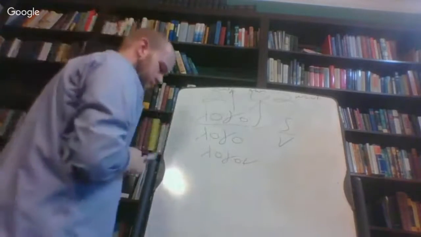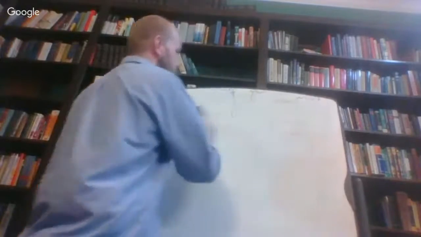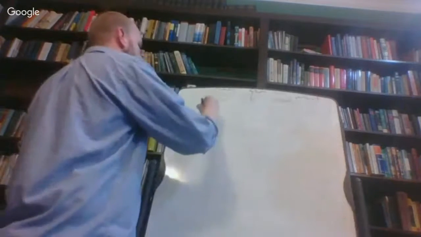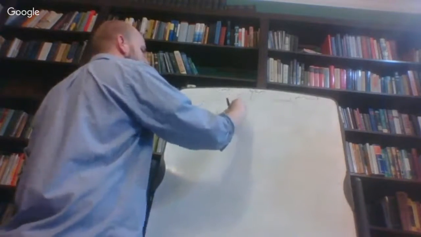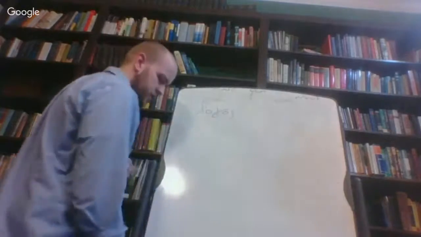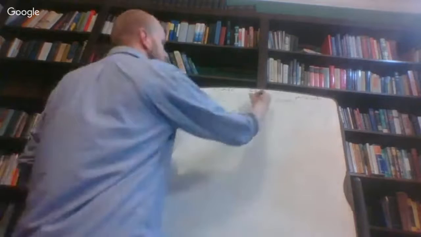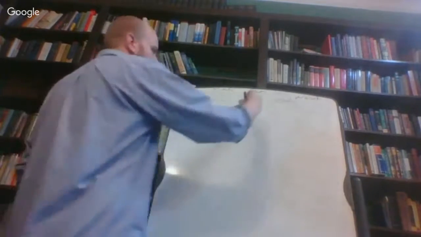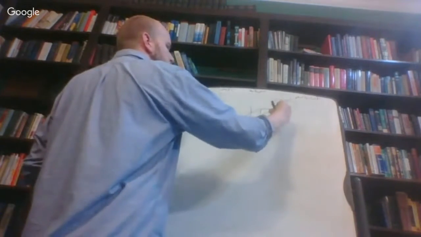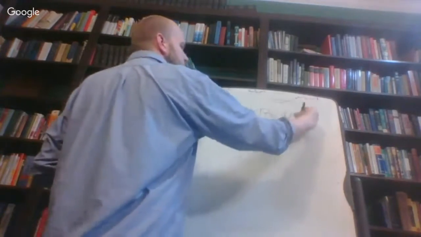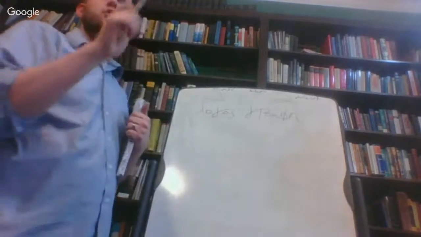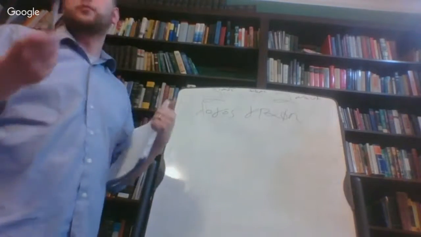Let me kind of fill this out. So let me just write this out real quick for you. I'm just going to put logos under this first one. So the feminine, because we're in the first declension, is also going to have a different word for it. This is going to be graphe. So do you know what graphe means? Right. Writing or scripture.